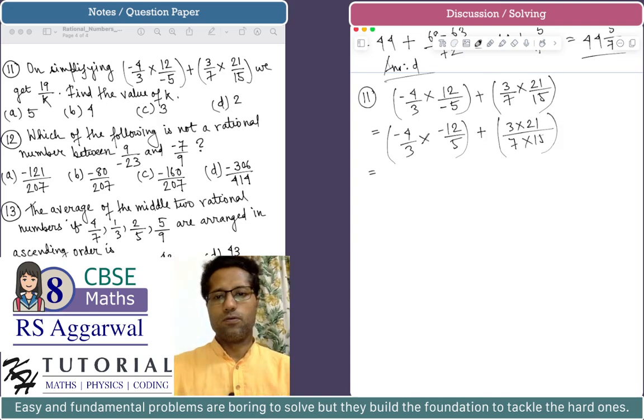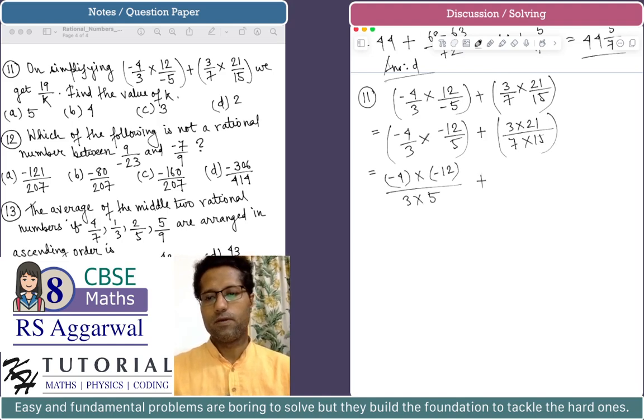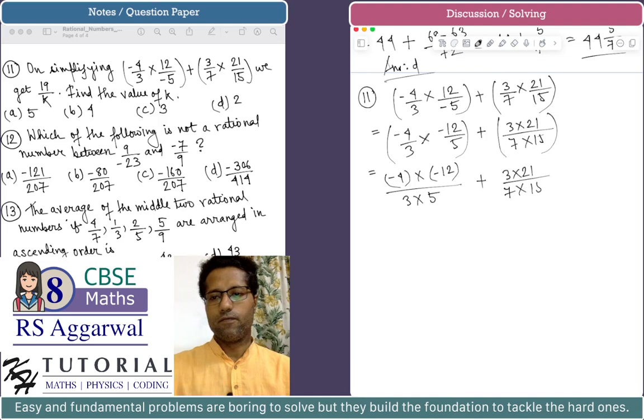So this is equal to minus 4 multiplied by minus 12 divided by 3 into 5 plus 3 multiplied by 21 divided by 7 multiplied by 15.